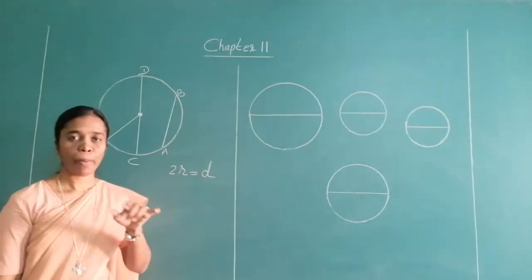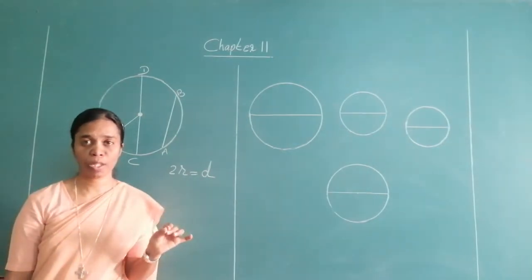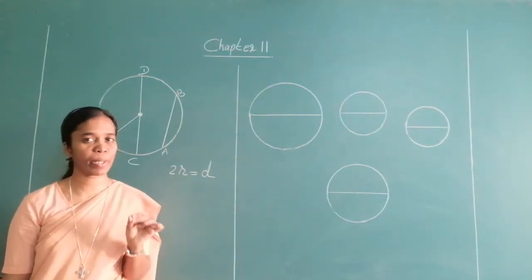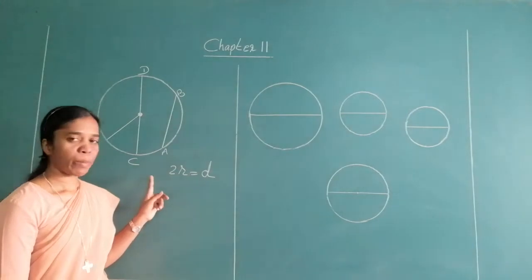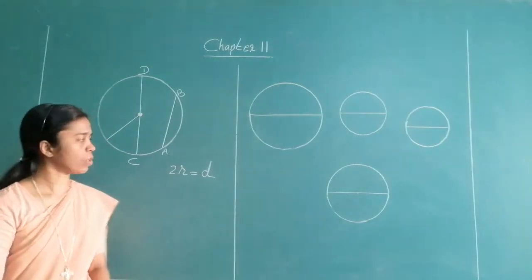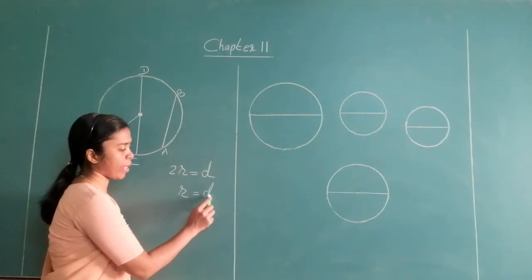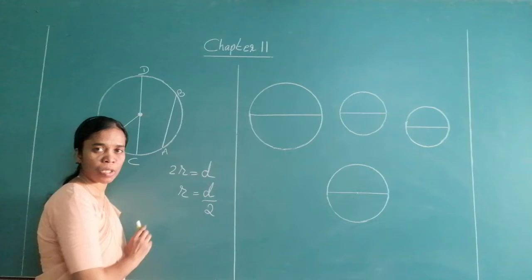The chord passing through the center of a circle is the largest chord and is called the diameter. Diameter is 2 times the radius. So, radius is equal to diameter upon 2.